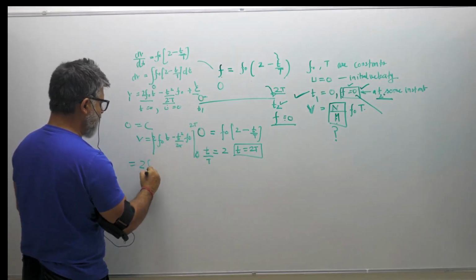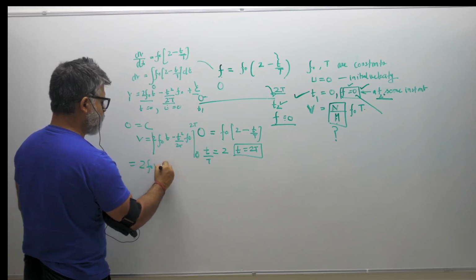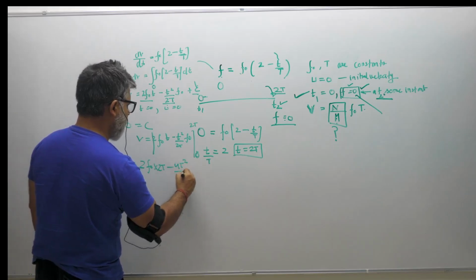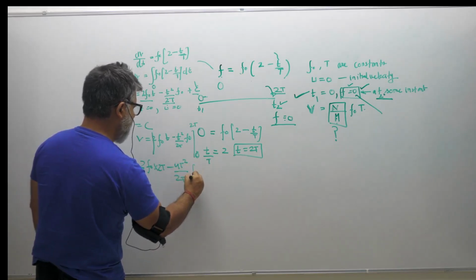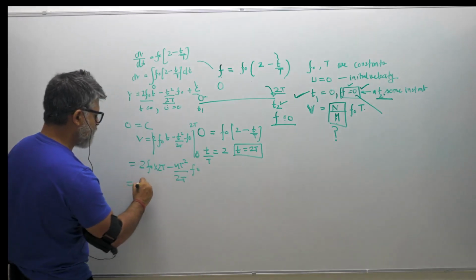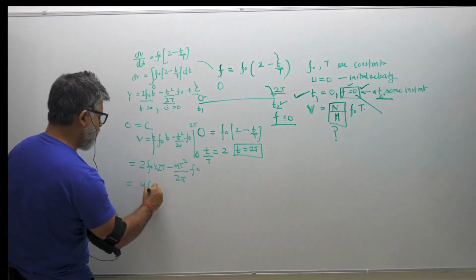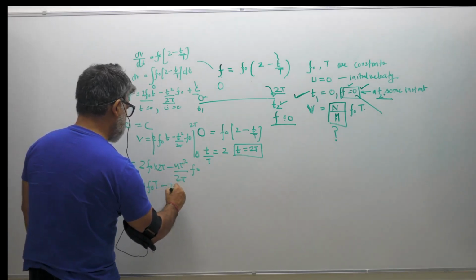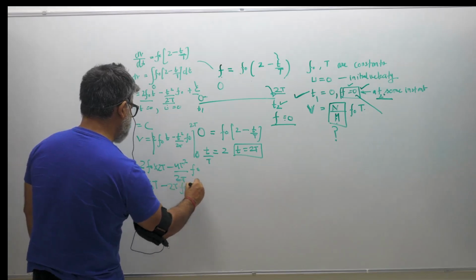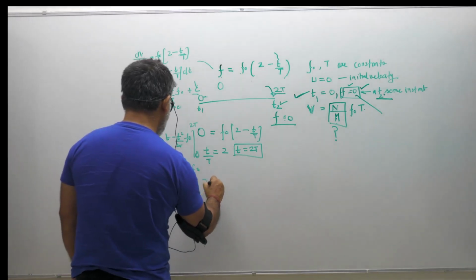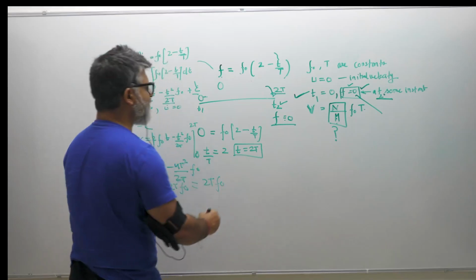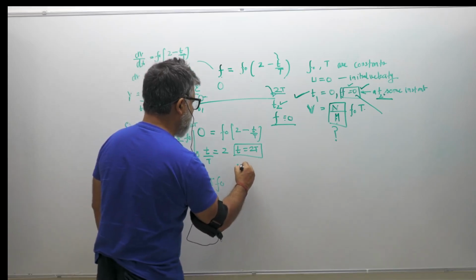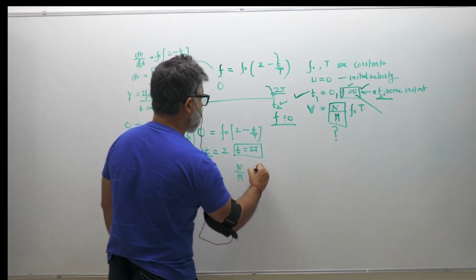So F naught into (2 times 2T minus 4T square upon 2T), right? So this becomes 4 F naught T minus 2T F naught, and this becomes 2T F naught. Now let's compare this with this. What do you get? You get n by m is equal to 2.